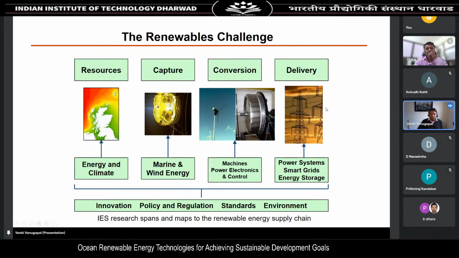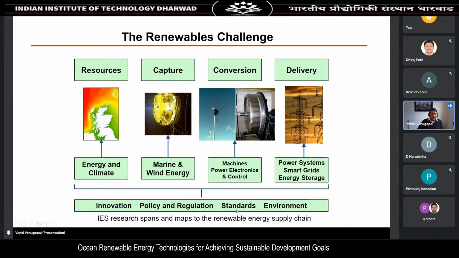So this is what we basically do within our institute. And the resources, if you look at the bottom boxes, they cover energy and climate change. The technologies we develop to capture the energy mainly cover marine and offshore wind, and the conversion technology or the machines would be power electronics and control, and the delivery is through power systems, smart grids, and energy storage, and so on.